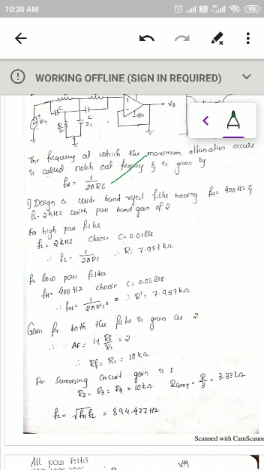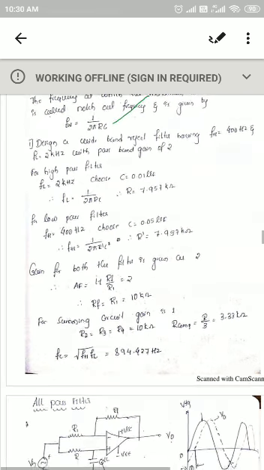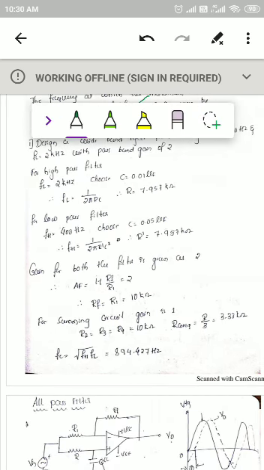Your wide band reject filter is a combination of your high pass and low pass filters, so you have to design a high pass as well as a low pass filter for this purpose. First we'll design the high pass filter.